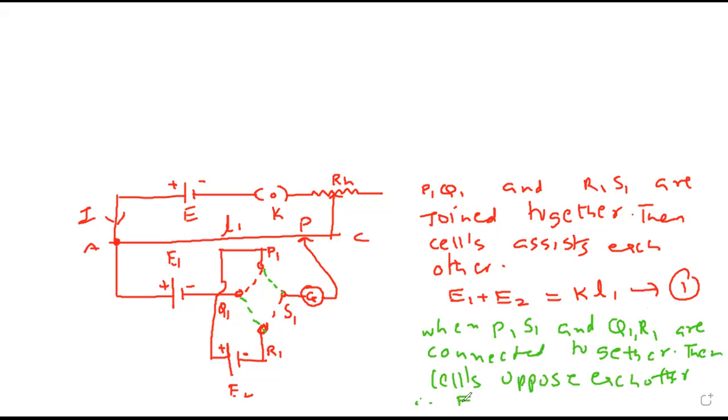Therefore, resultant EMF will be E1 minus E2. This will be balanced with length L2. This is balanced at point Q having length L2.